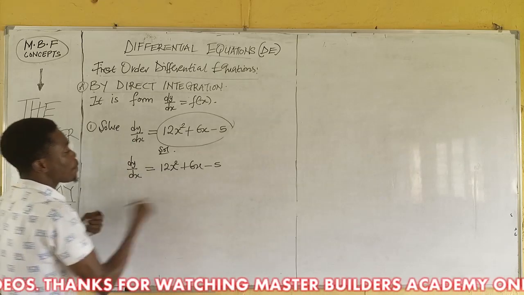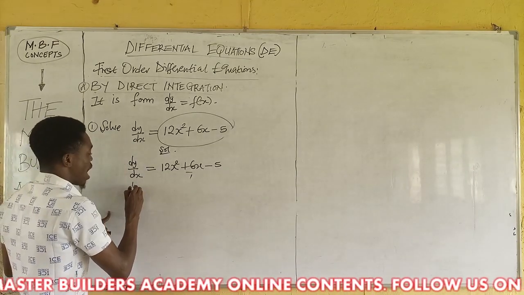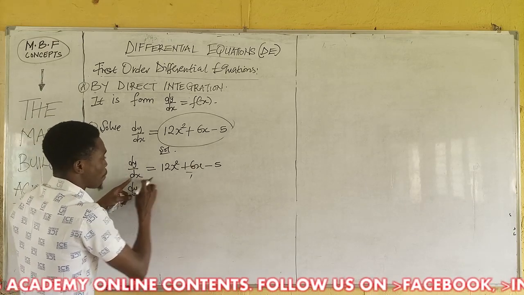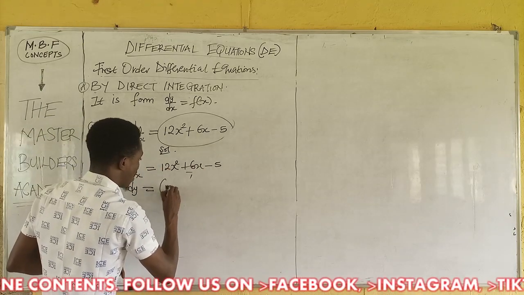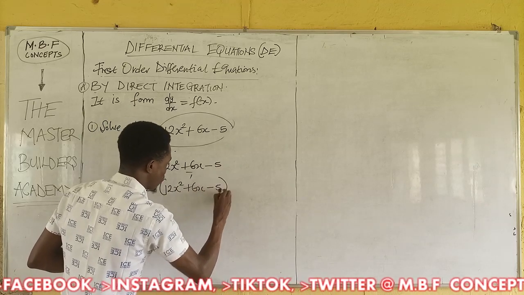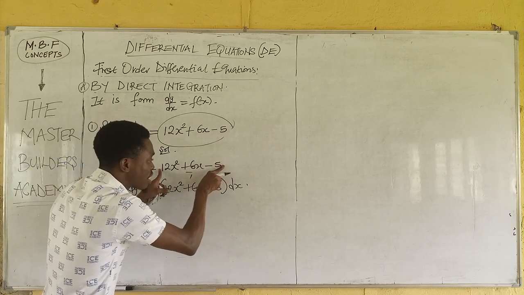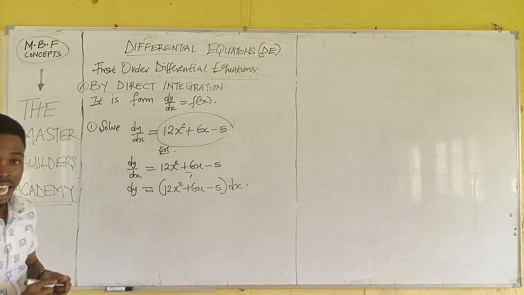Yes. How do I remove this? I simply just cross multiply, right? So I will cross multiply. I'll therefore have dy will be equal to, when I multiply this by this, 12x squared plus 6x minus 5, all multiplied by dx, because this dx will multiply everything at the right-hand side.